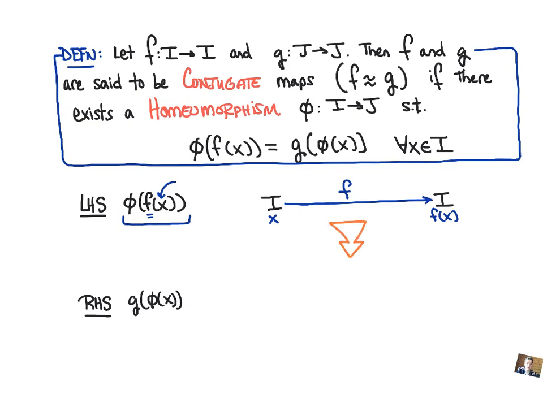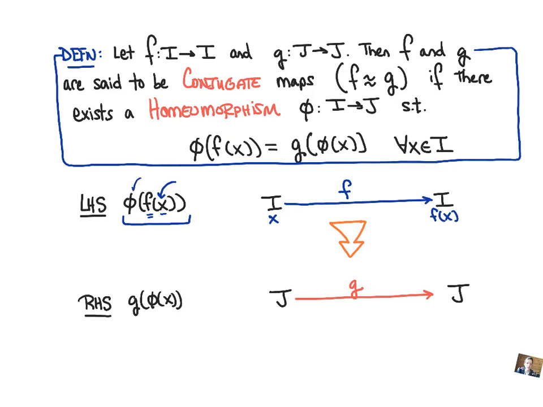We want to transform this map down to an interval J where I have a different function, g, working on those new intervals J to J. I want to transform this and preserve all the topological properties.